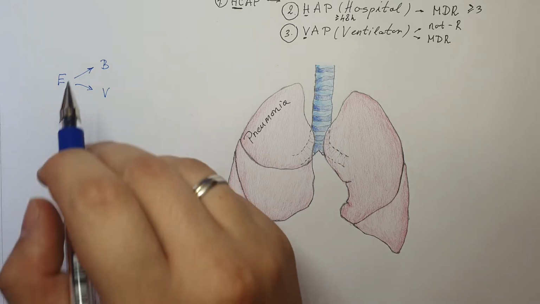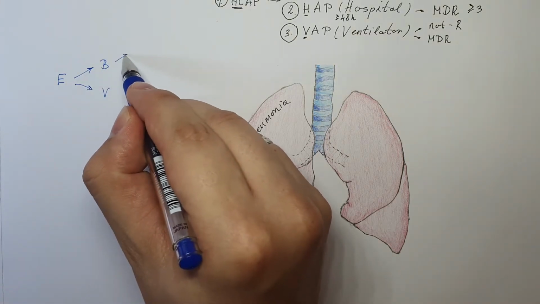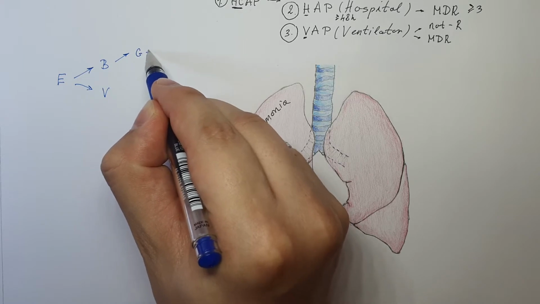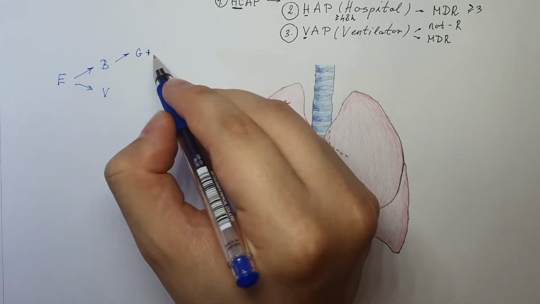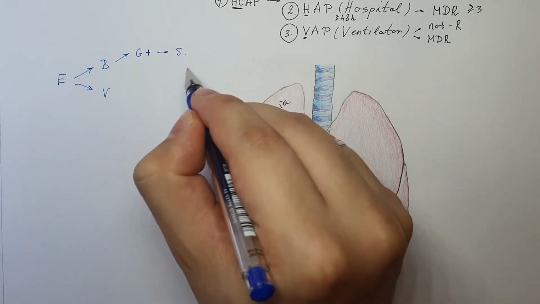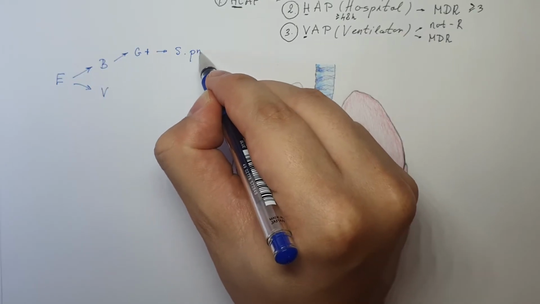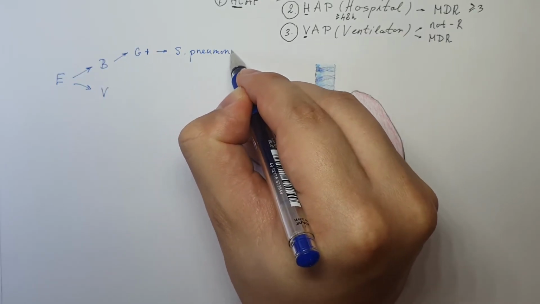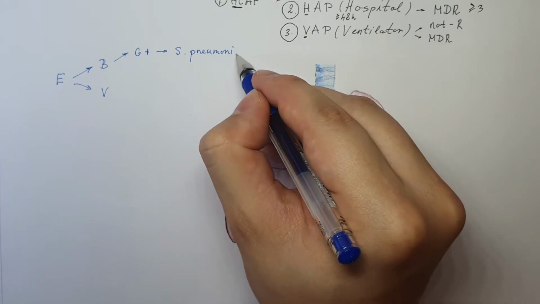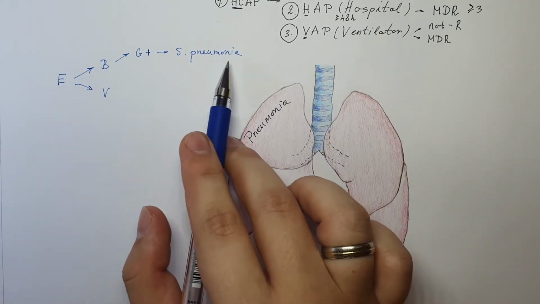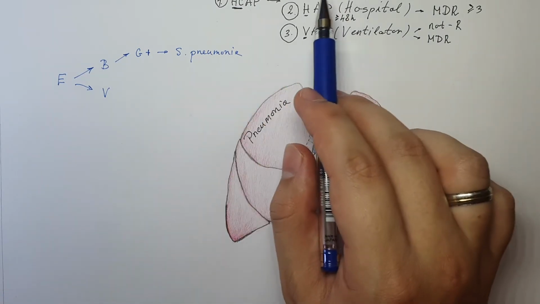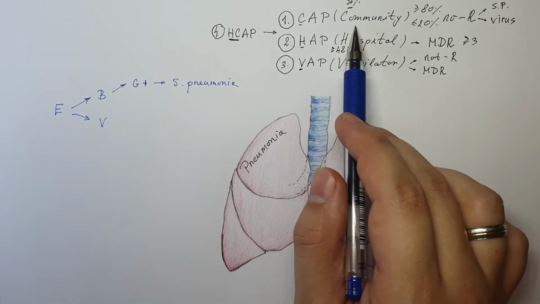So when it comes to bacteria, we have, for example, gram-positive bacteria like Streptococcus pneumoniae, which is very common, especially in community-acquired pneumonias.